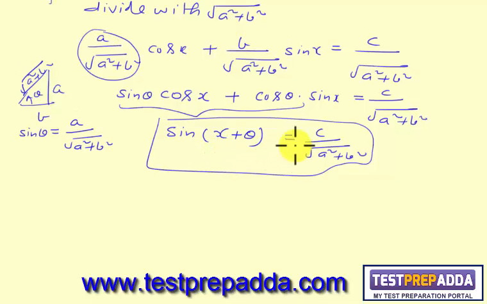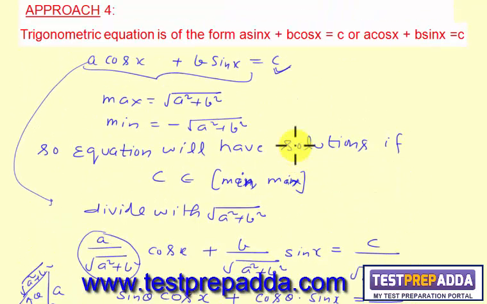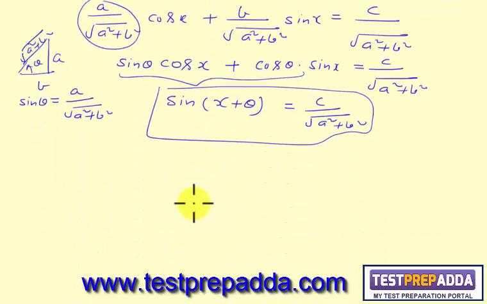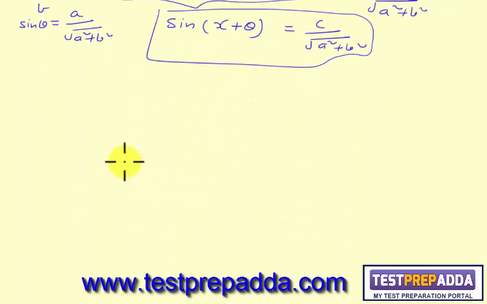So whenever a trigonometric equation is given in the form a sin x plus b cos x is equal to c, or a cos x plus b sin x is equal to c, first you check whether solutions are possible or not by finding the maximum and minimum values, and then you can solve with this approach. I'll take a particular question here.